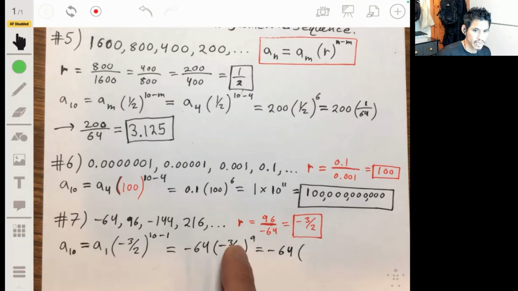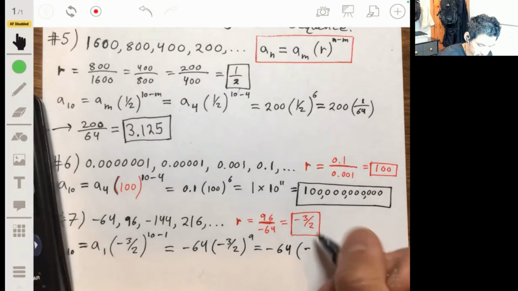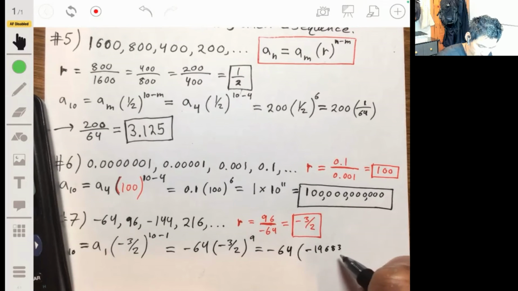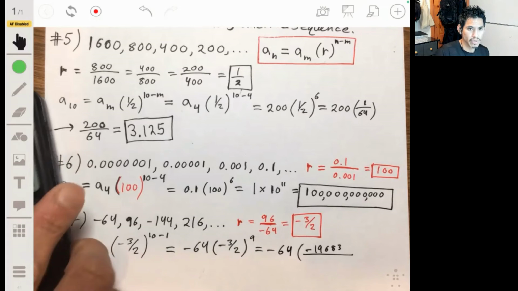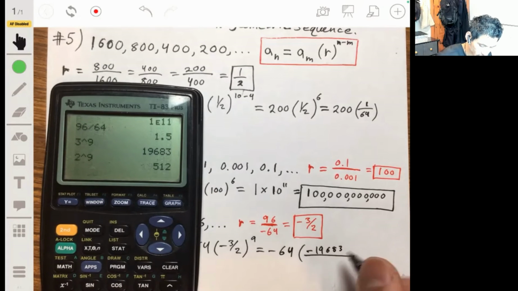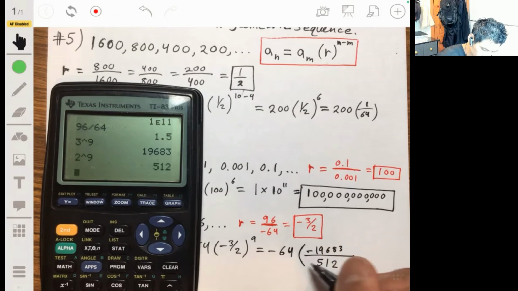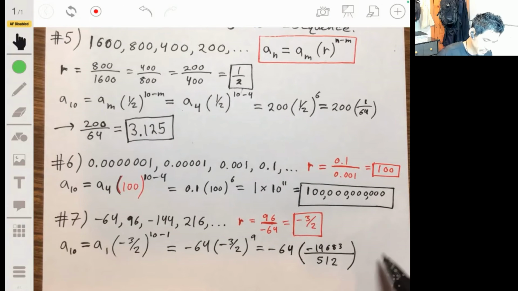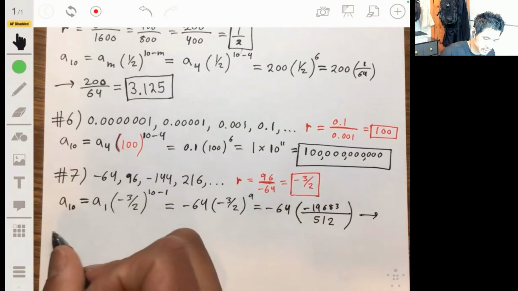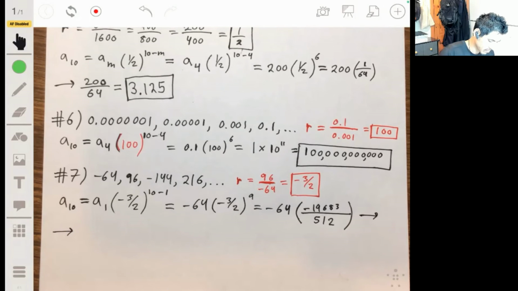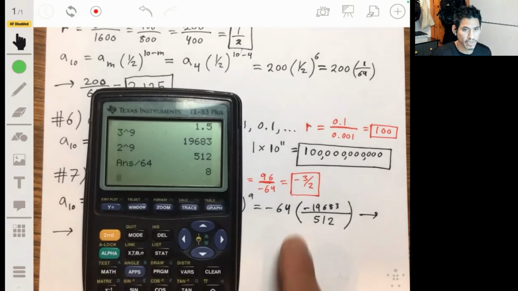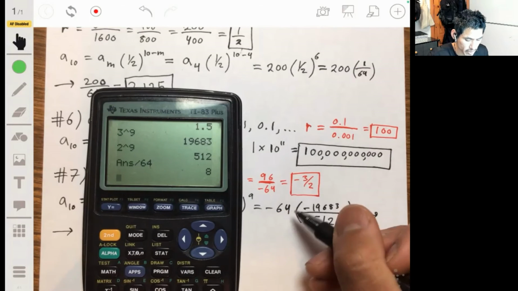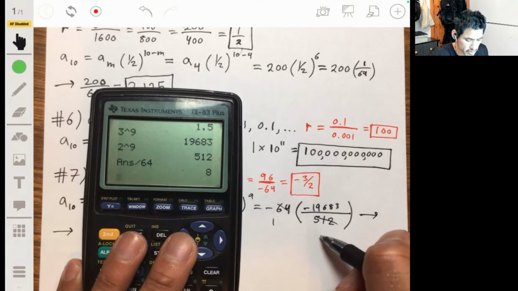We're going to have negative 3 to the 9th. So we know it's going to be a negative number. 3 to the 9th will be 19,683 over 2 to the 9th power, which is 512. Simplifying this, we can reduce the 64 over the 512 because 64 goes into both of them.